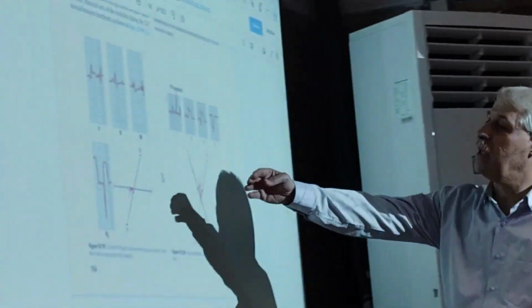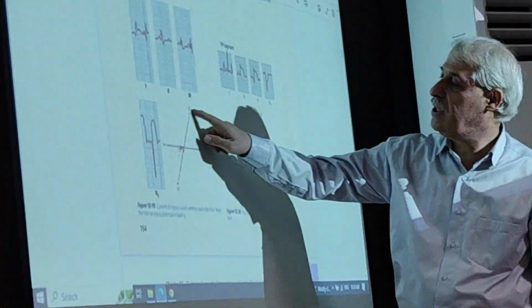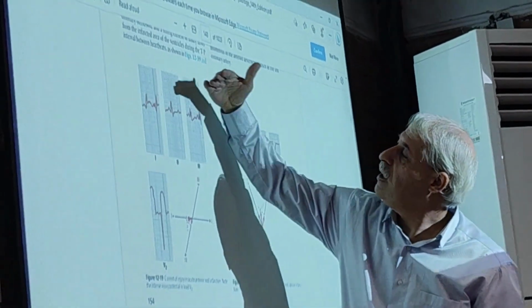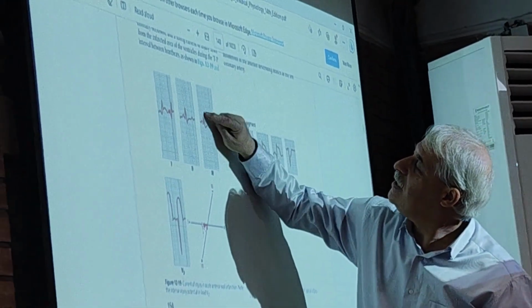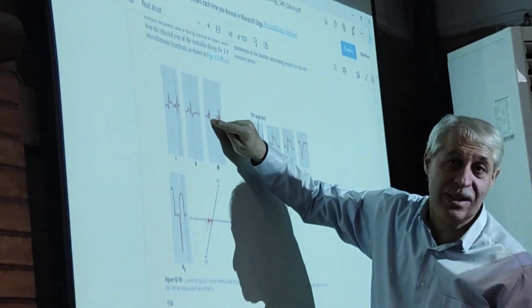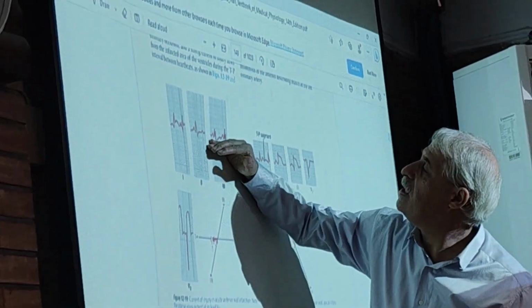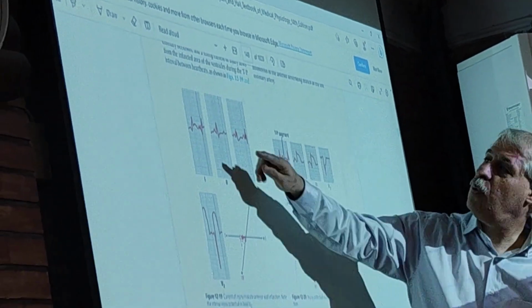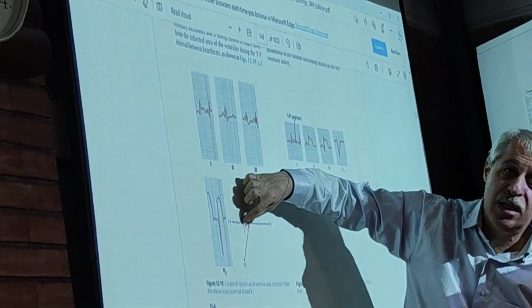Now take a look here, between lead 3 and lead 1. Here in lead 1, it is negative. In lead 3, see, this is S, the J point is here. In limb lead 3, it is positive. In limb lead 1, it is negative. This is the negative part.